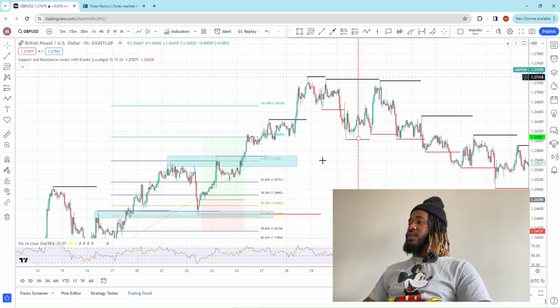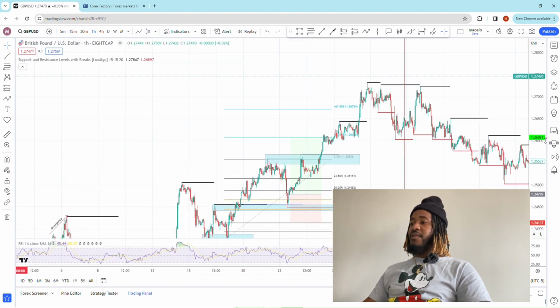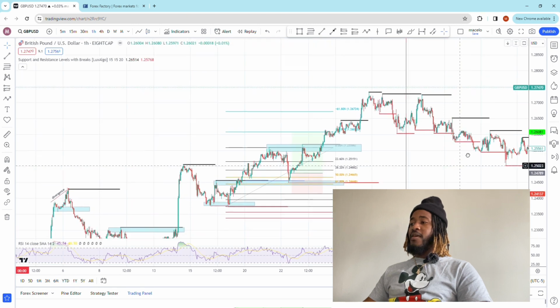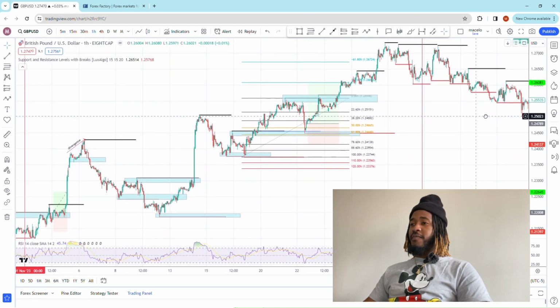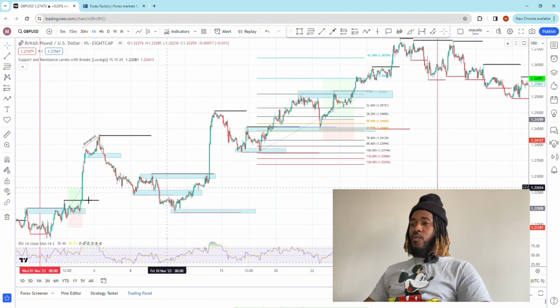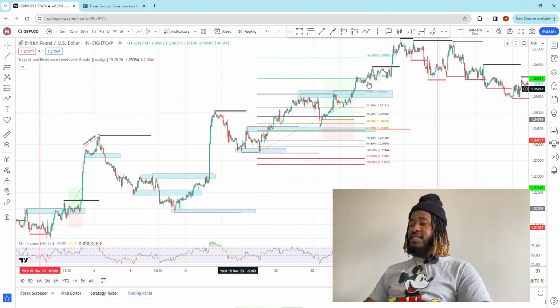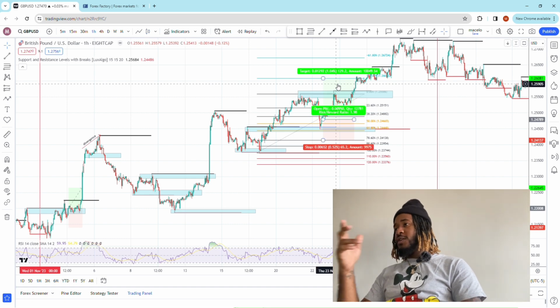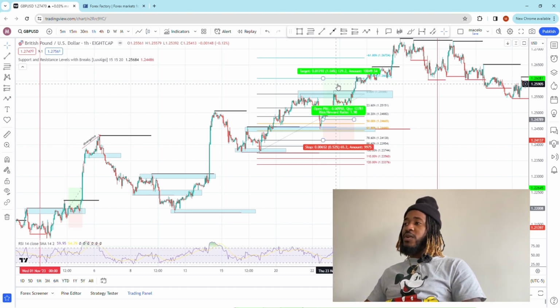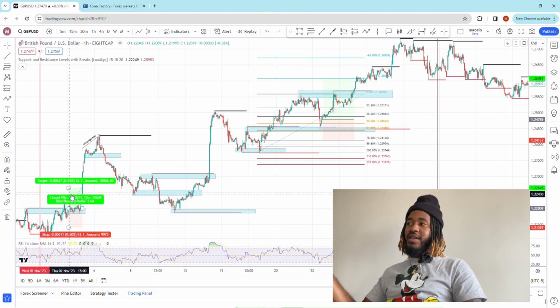So in totality, for the month of November, it was two trades that could have been taken, and this is just one pair. For the month of November, this would have been 129 pips plus 63 pips. So let's say 130 plus 63.